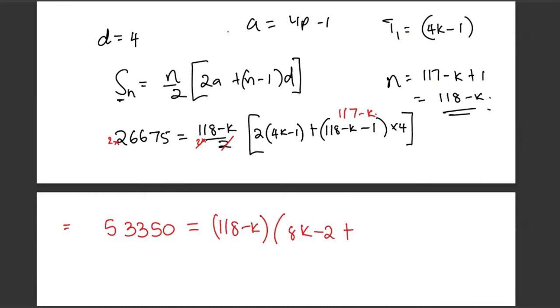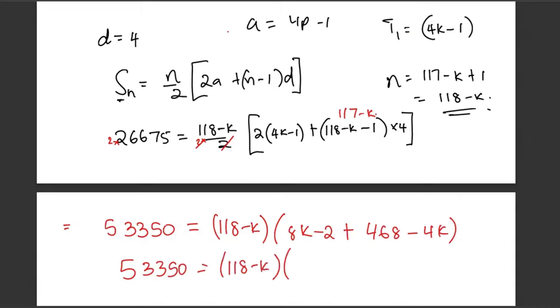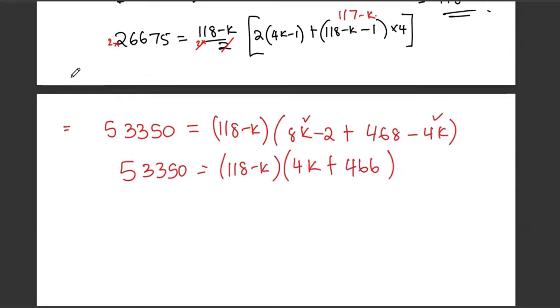Now we are multiplying by 4, so 117 times 4 gives me 468 minus 4k. Let's simplify that bracket. 53350 is 118 minus k into this, and that gives us 4k, and then minus 2 gives me 466.